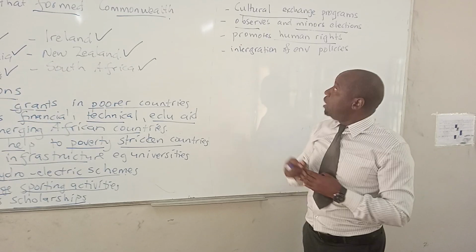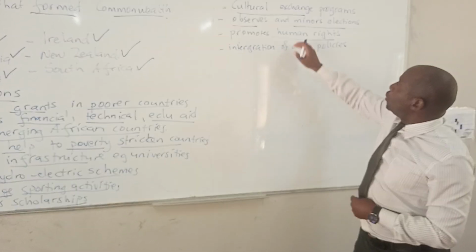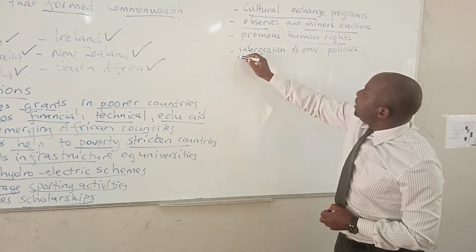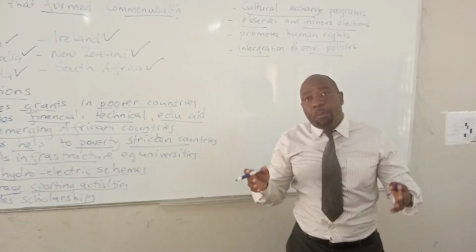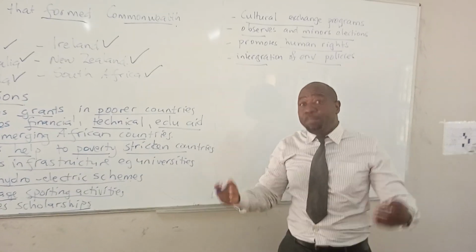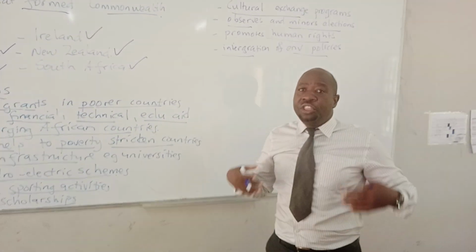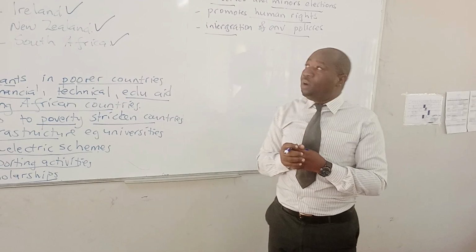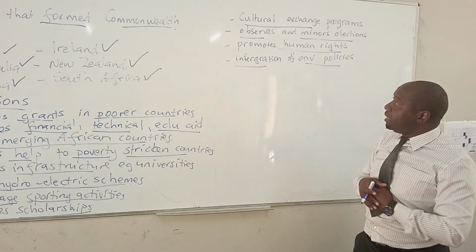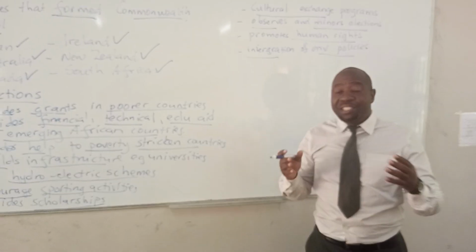People are living in the way they are supposed to live. So it is their mandate also to promote human rights. It also plays a part in the integration of environmental policies. This one is very important in the sense that they make sure that the environment is preserved, through environmental policies that will be taking place in different countries.